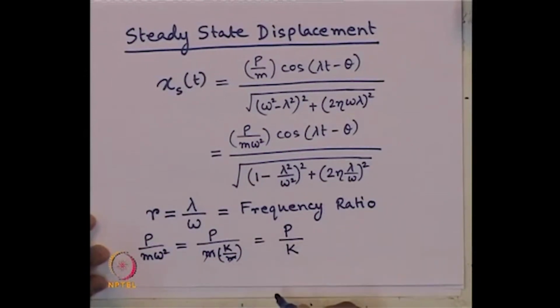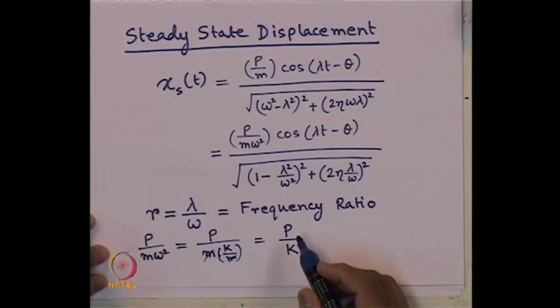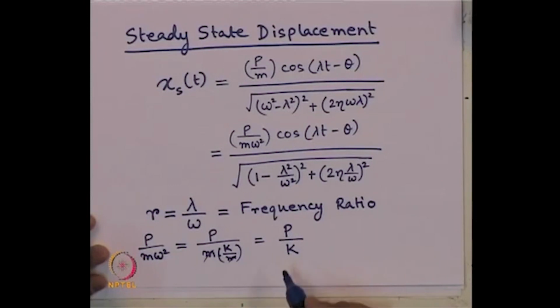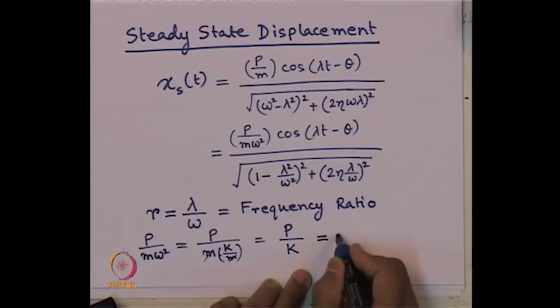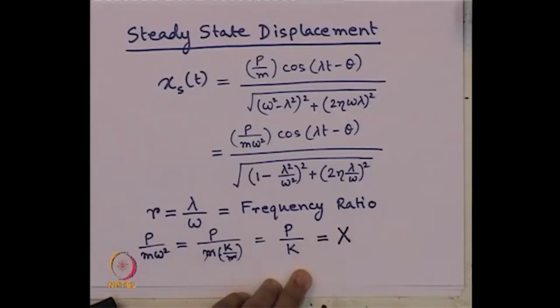Now, what is P by K? P was the amplitude of the dynamic load and K is the stiffness, means spring constant. So, load by stiffness is nothing but the static displacement. So, this we are denoting as say capital X ST. ST means static.